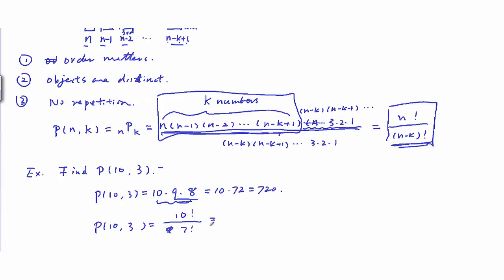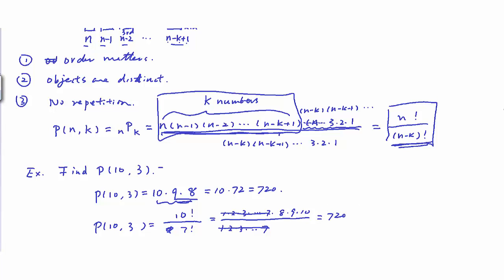For hand calculation, you often just want to simplify. 10 factorial is 1 times 2 times 3 times 4 up to 7, 8, 9, 10. And then the denominator 7 factorial is 1 times 2 times 3 up to 7. And then you can cancel 1, 2, 3 up to 7 in both. So you still have 8, 9, 10, and that gives you 720.